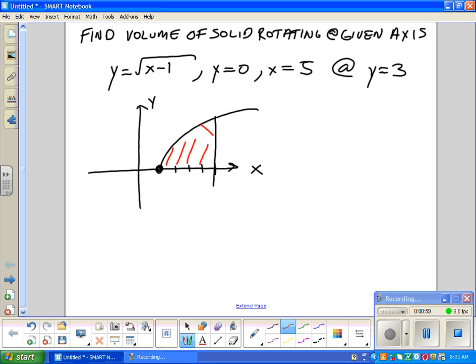And you want that rotated about y equals 3, and this is not to scale. It doesn't have to be to scale. But y equals 3 is above the curve. The points here is 1, 0, that's the bottom. This point here at 5 is 5, 2.